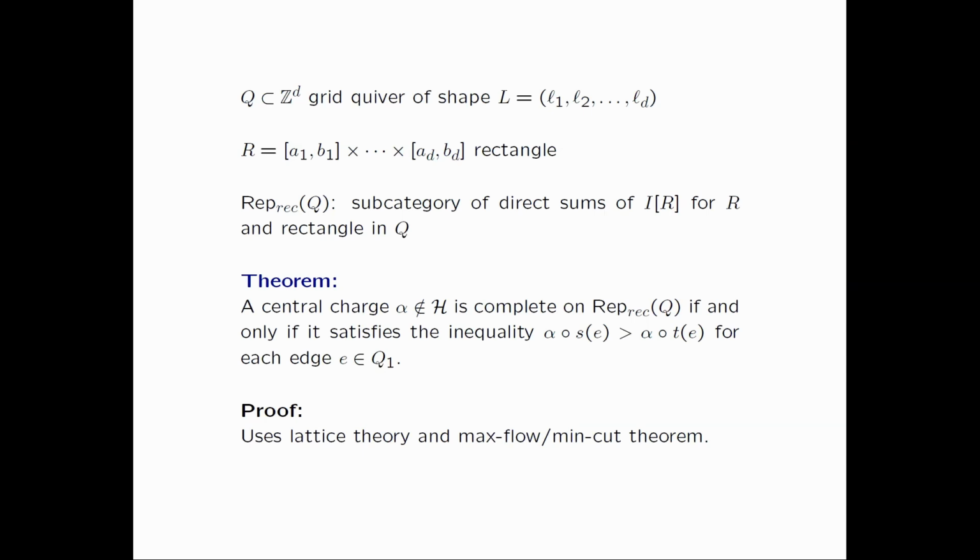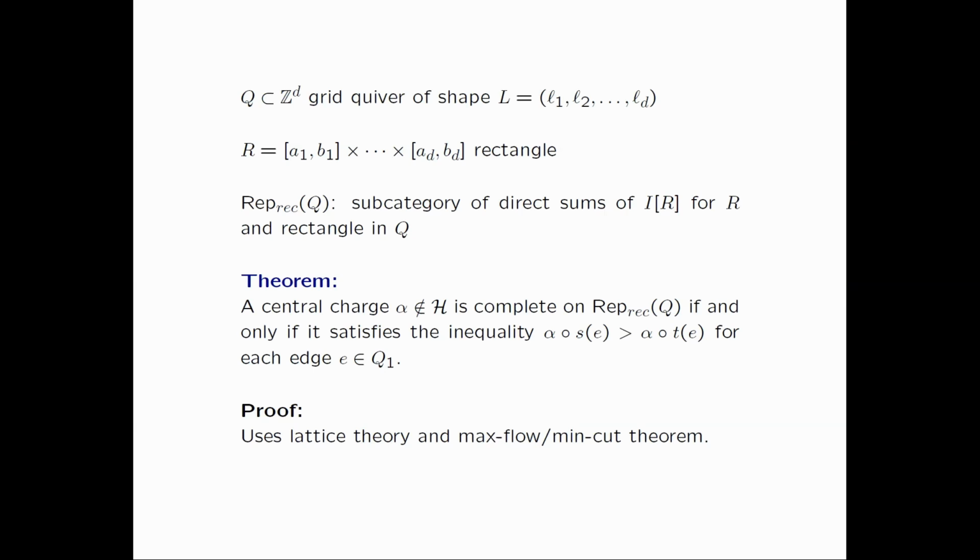Now on this category it can be shown that the central charges alpha, for a large class, are going to be complete if and only if they satisfy this condition that we've seen basically before, namely alpha evaluated on the source of an edge has to be bigger than alpha evaluated on the target. And that's true for every edge in our quiver.